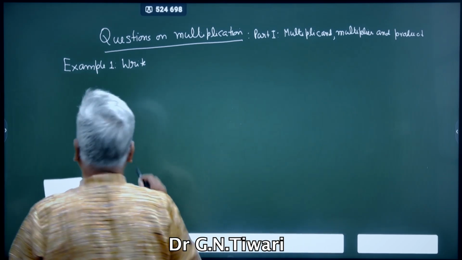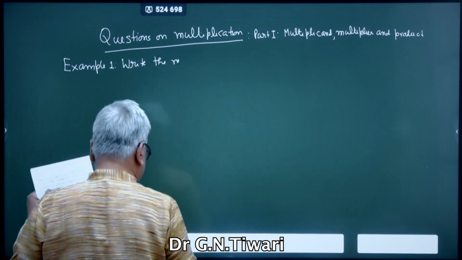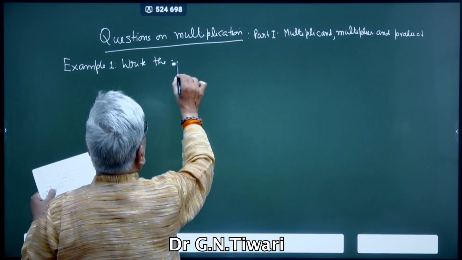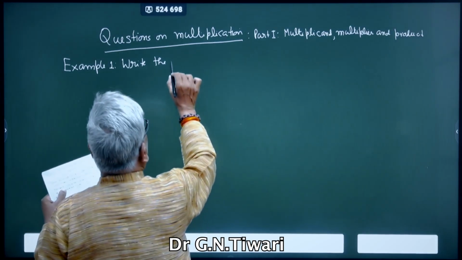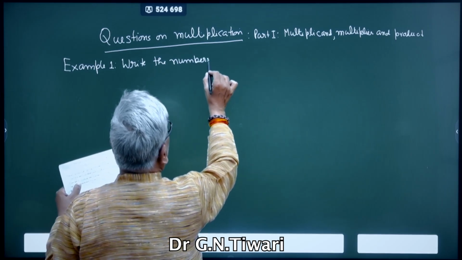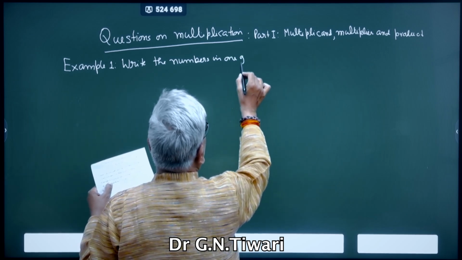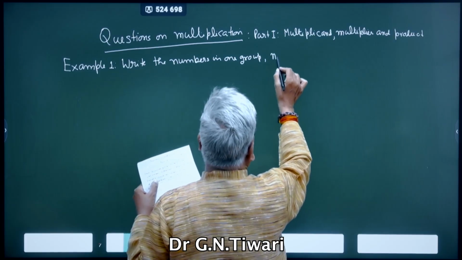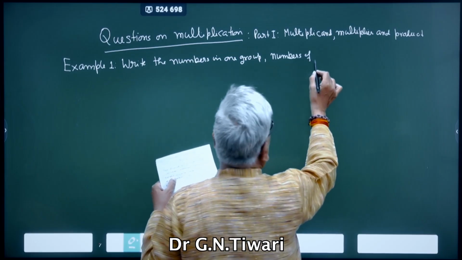So write the number of objects in one group. This is very, very important. And then the number of groups.